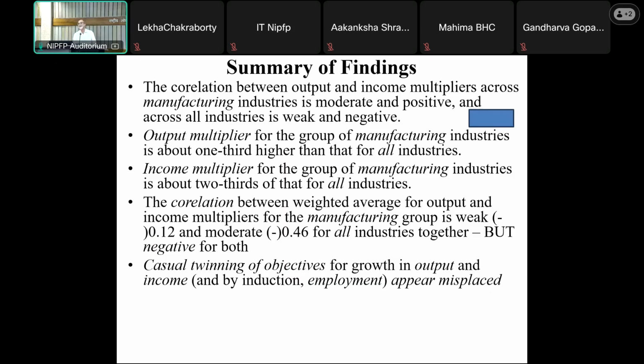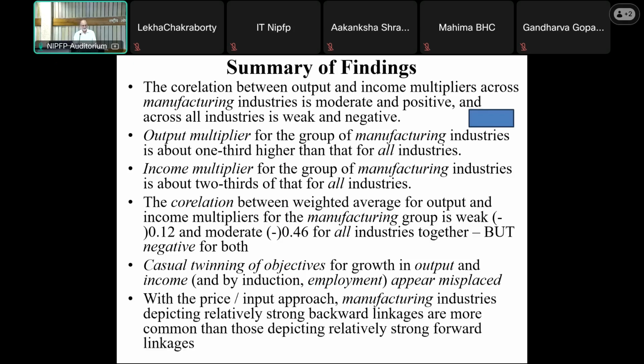That perhaps can be explained by using these linkages and the multipliers, and this technique can be used to focus and find more targeted sectors for intervention. That is also a possibility. It requires more granular information, but this is something which can be useful, I think. So I'll stop with that.